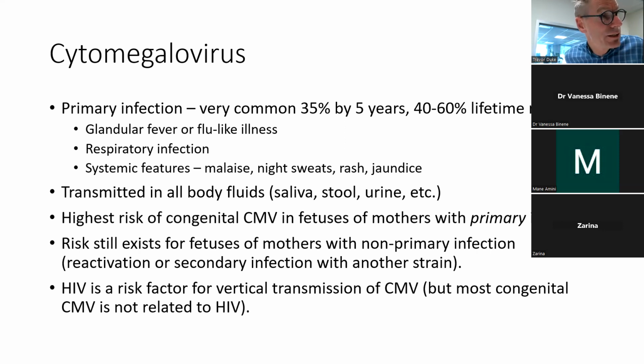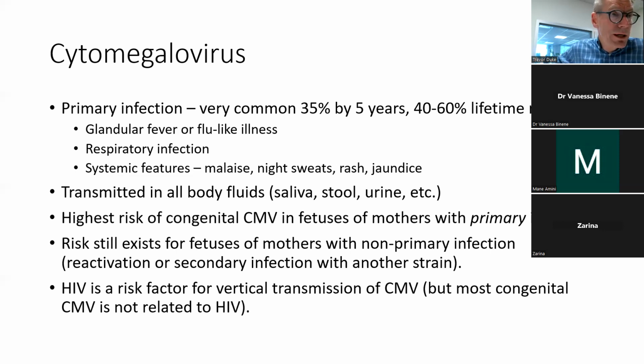Again, as I said, that general principle that if a mother's had CMV when she was a child, then she's not very likely to have a baby that's got congenital CMV infection. But if her first exposure to CMV occurs during pregnancy, then she's much more likely to transmit cytomegalovirus to her unborn baby.